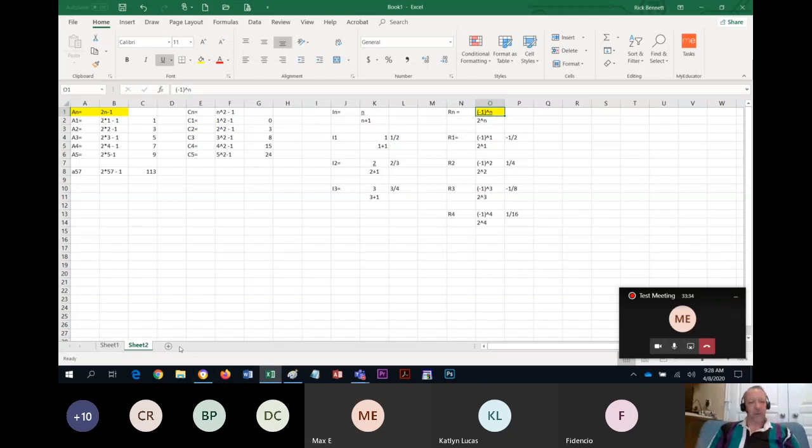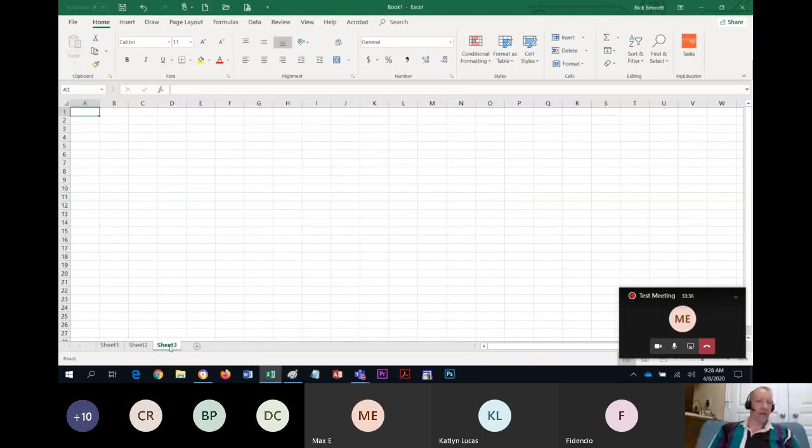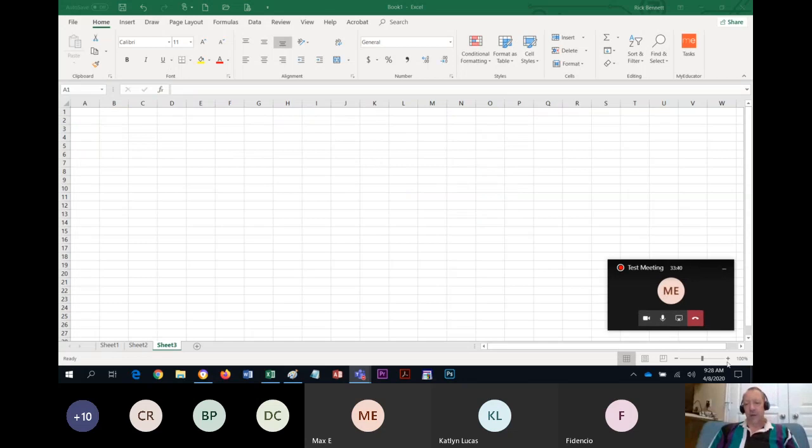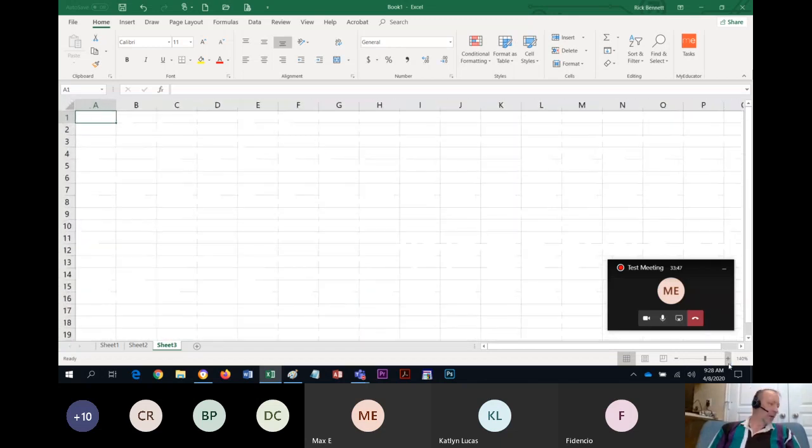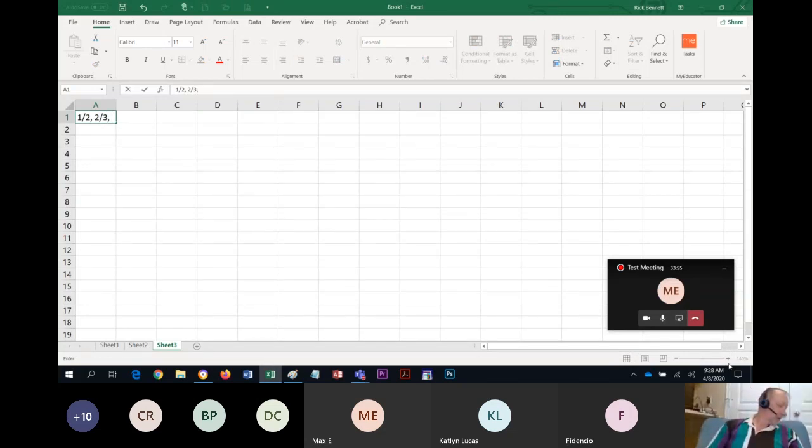Okay, I'm going to open up a new page here. Let's say that I have a sequence. Can you guys figure out what the formula is? My pattern is I've got 1/2, 2/3, 5/6, 7/8, and then it goes on forever.